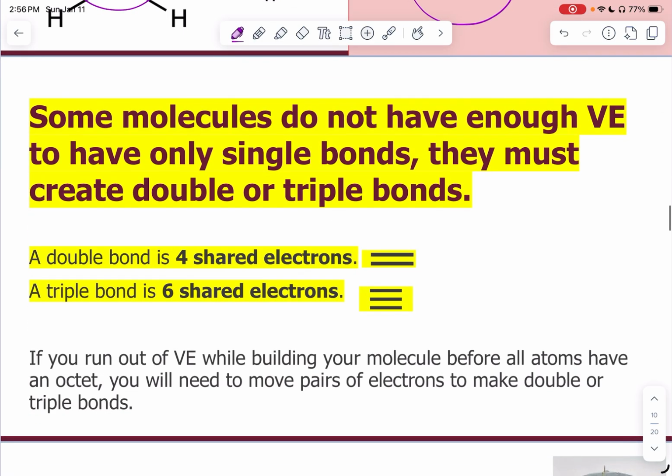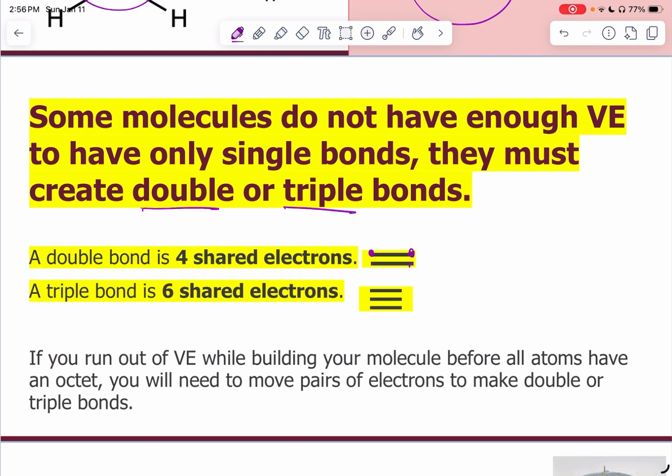So a lot of those that I showed you have more than single bonds. We have 2 lines or 3 lines together. Some molecules do not have enough valence electrons to only have single bonds, so they have to create more shared pairs of electrons, or double and triple bonds. Just like a single bond is 2 electrons, a double bond is 4.